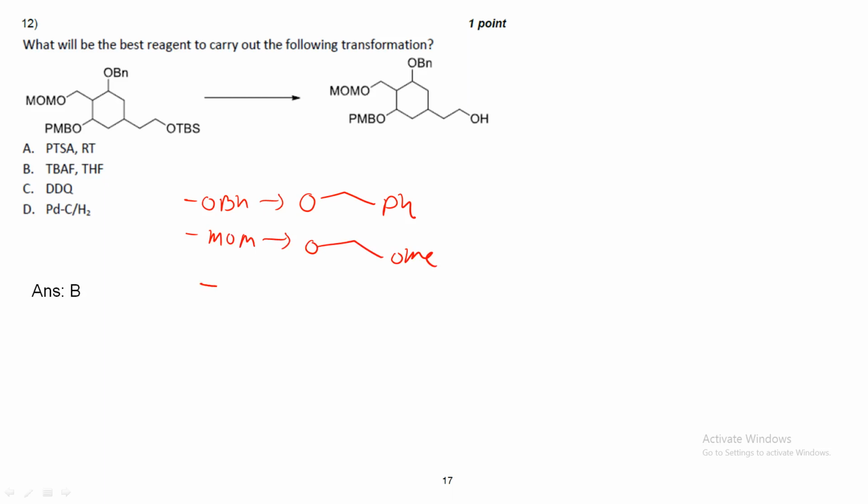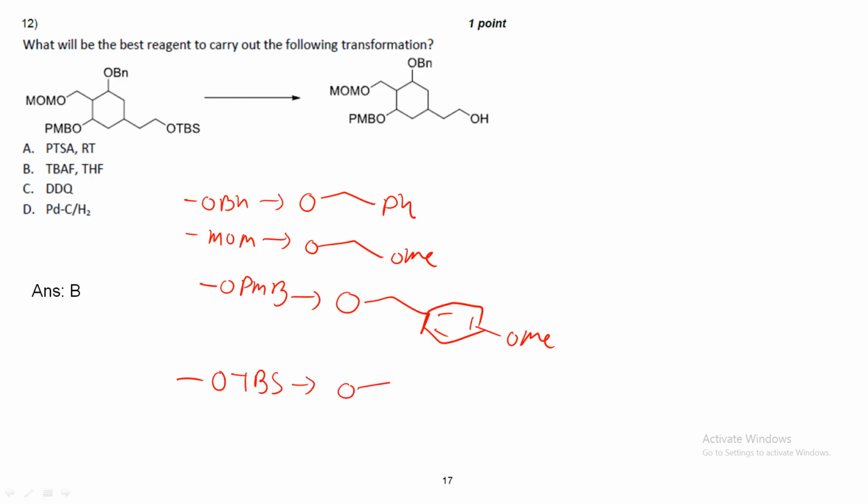Another thing is PMB, PMB would be paramethoxybenzyl. And another thing is TPS. So TPS is, so butyl is there, methyl. So this is TPS.